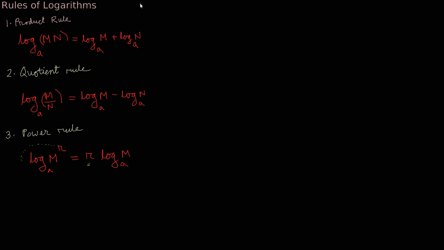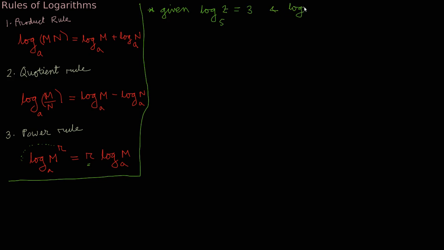So let's try to solve some problems using these three rules. All right, so the problem statement is saying, given logarithm of z base 5 equal to 3 and given logarithm of y base 5 equal to 2.